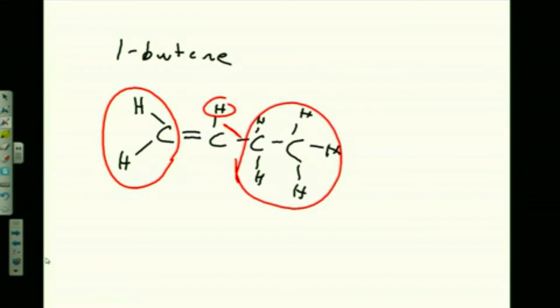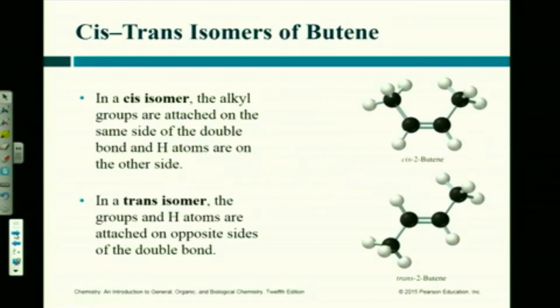So this is different, but this side, both of these things are the same. So it can't have cis and trans isomers. So the two carbons on either side of a double bond both have to have two different things bonded to them, okay? And we'll show that here. So this is 1-butene. Can't have cis and trans because this has two hydrogens. But look here, 2-butene.